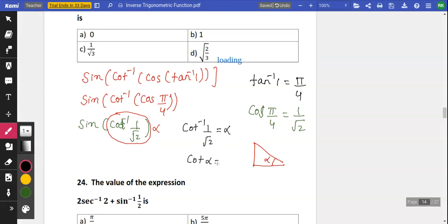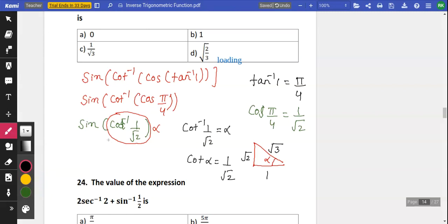Cot alpha is equal to 1 upon square root of 2. Cot alpha is basically base upon perpendicular. Base is 1, perpendicular is square root of 2. Using Pythagoras theorem, hypotenuse is square root of 3.